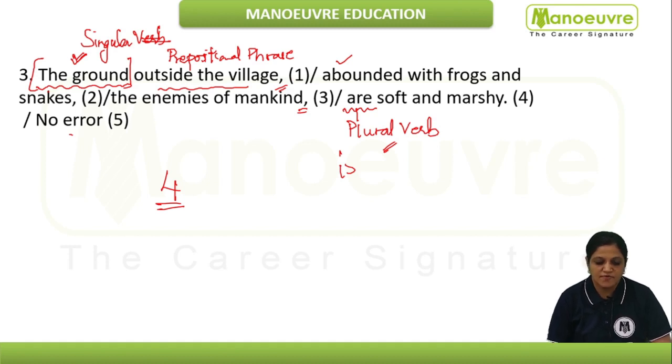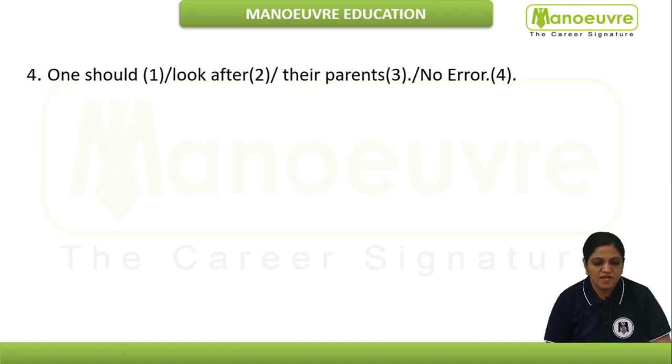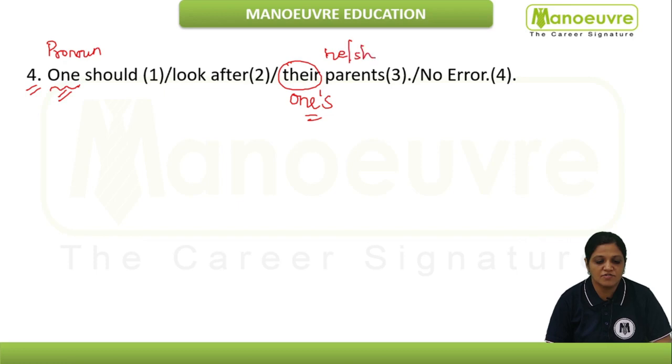Okay, moving to our next question. One should look after their parents, no error. Now there is one very important point, as this type of questions are commonly asked in the exams. So we need to make a note of this thing, that whenever the pronoun, now here one is playing the role of a pronoun, whenever the pronoun one is used, it always has to be followed by the pronoun one's, and not their or he or she.